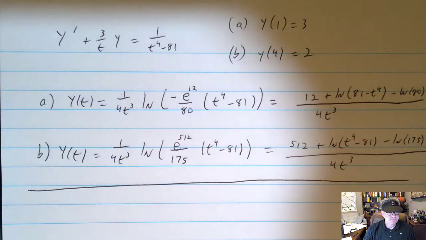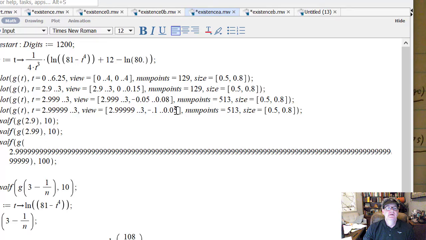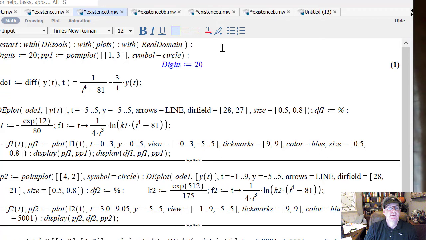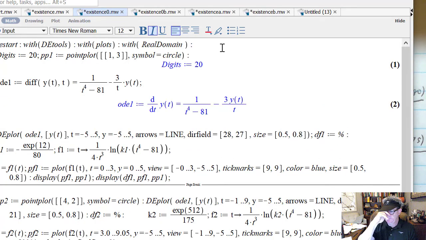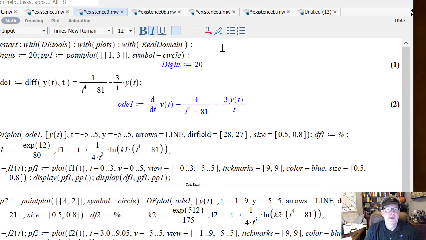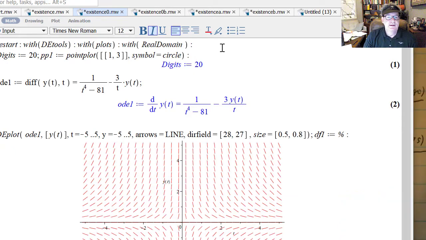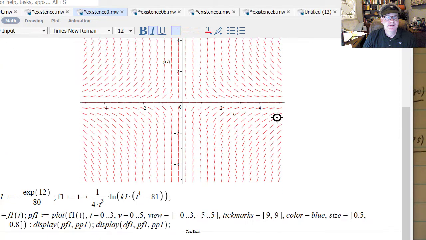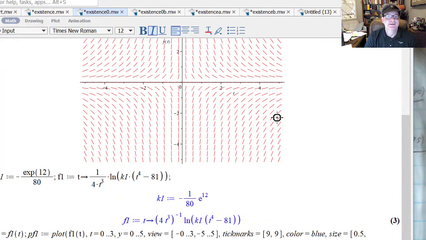But let's see. If I look at our graphs, I want to go to this one. There's our differential equation. Here's my direction field. Notice I don't see any problem points, and I didn't think anything of it for a few years.